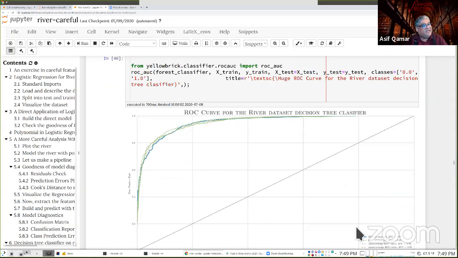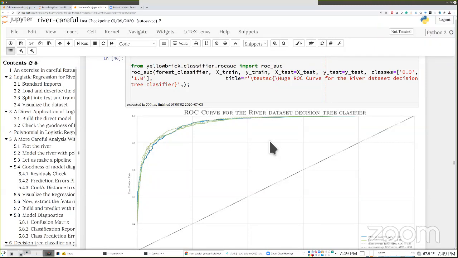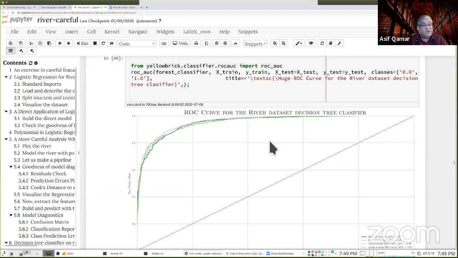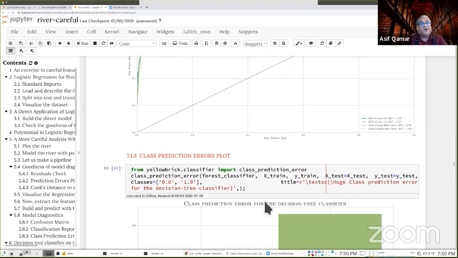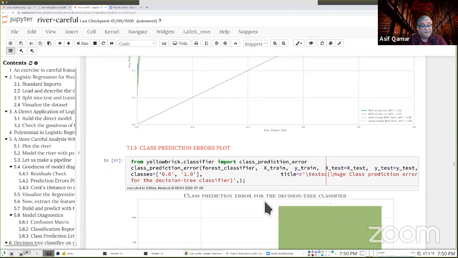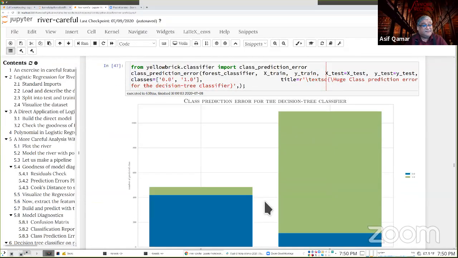The area under the ROC curve is pretty good. So between random forest and feature engineering, which one would you prefer? Feature engineering. Yes, because it's an interpretable model. So given two models which are equally good at prediction, you always pick the simpler model. Right?